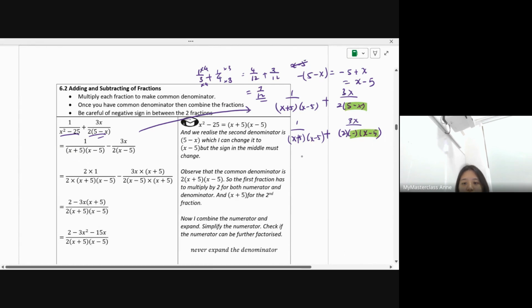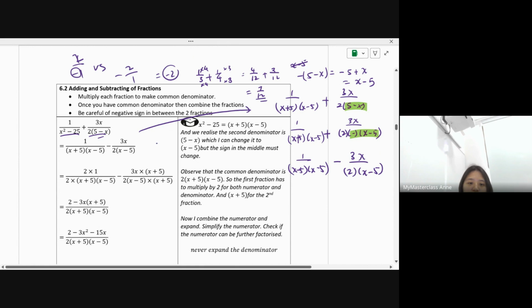So basically I write 1 over x plus 5, x minus 5, and negative 3x over 2, x minus 5. The negative, if I have 1/2 over negative 1 versus 2 over negative 1, they give me the same answer. So if it is a multiplied number, I can just take it out and put it outside. So I get this.